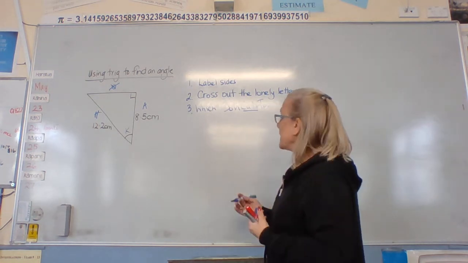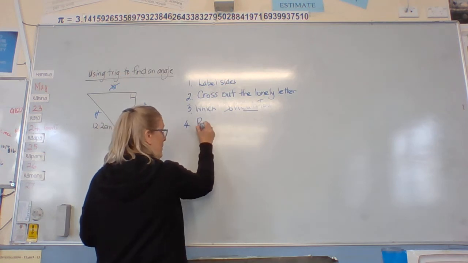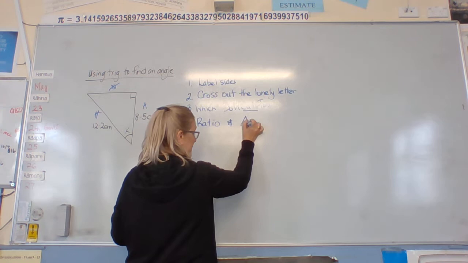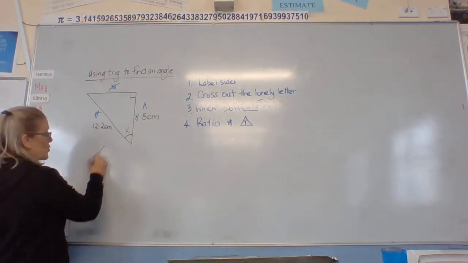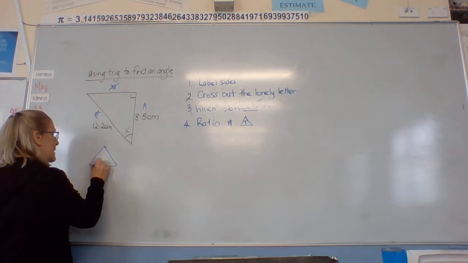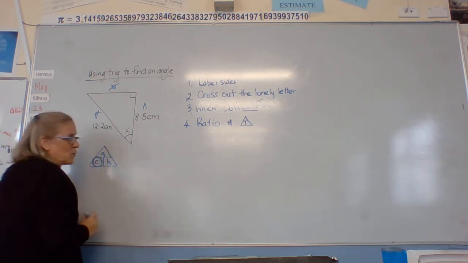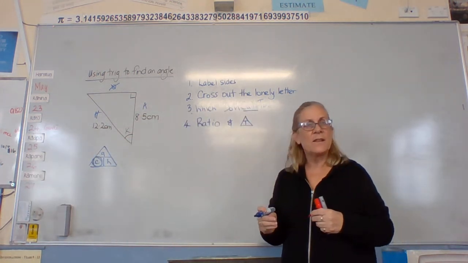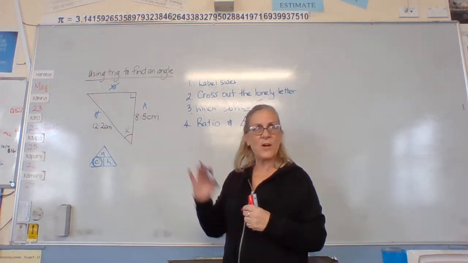All right, then we're going to have our ratio and our triangle. In this case, our triangle is going to be CAH, and we're looking for the angle. So what does that tell us? That will be dividing.